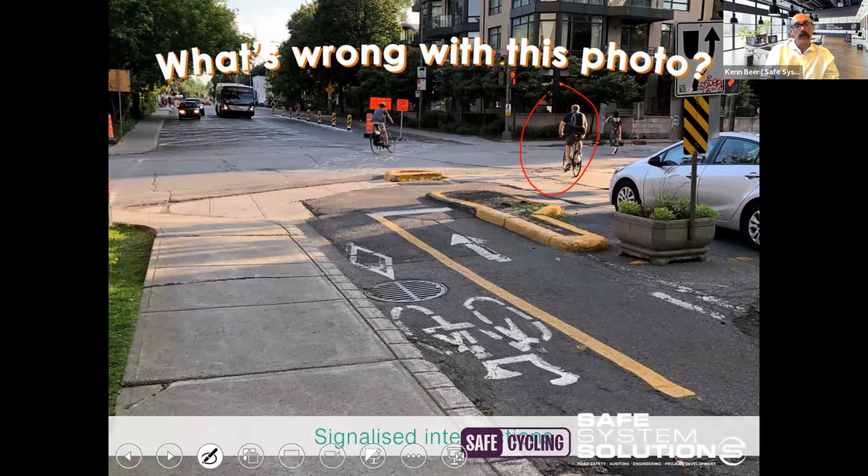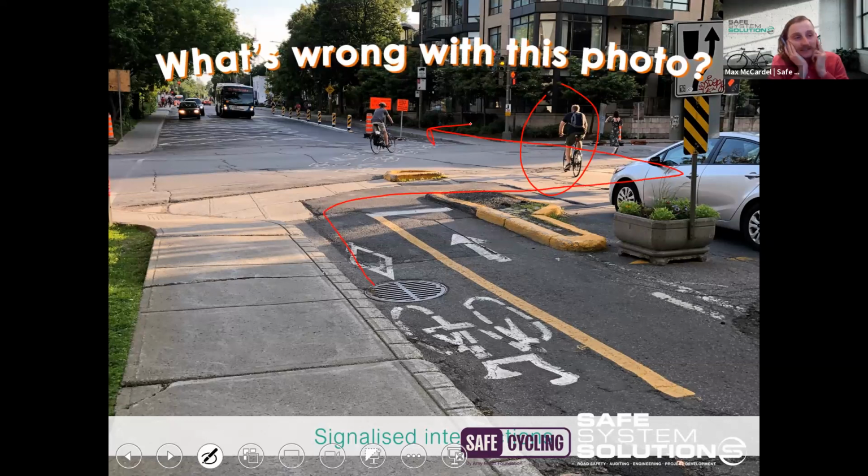You did a good post, I thought, Max, on your LinkedIn about one way to do it, which is that while that car's waiting, it runs a green light for cyclists to move across and then store and then go. So that was a good one. But yeah, it's always an interesting bit of a challenge. Also challenging when you're changing from bidirectional to single direction and moving them around. All right, let's keep ticking on.